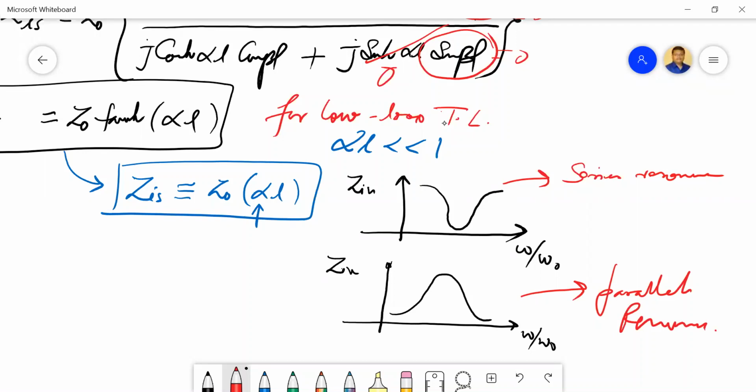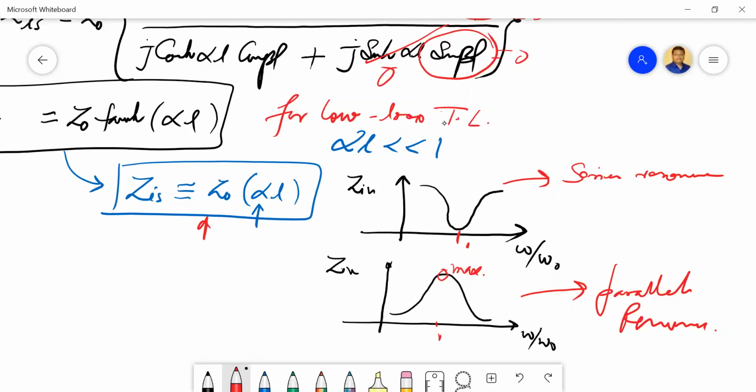It means that at a particular omega by omega naught equal to 1, this is 1 actually, fine, when omega is equal to omega naught, the condition of resonance, you get the minimum impedance, whereas for the parallel case, you have the maximum impedance. Now, from this result, one can easily say this is for the series resonance, because the complete value depends on Z0 into αL, this multiplication.